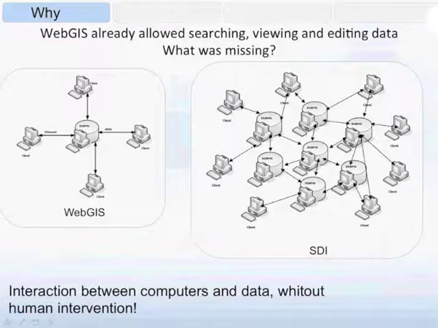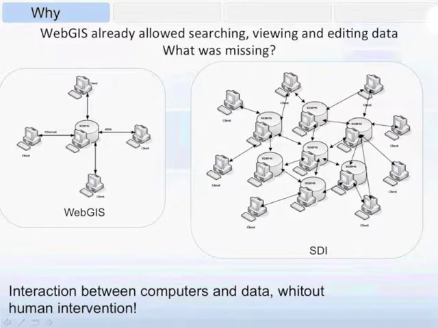So that's the main reason that drove the evolution from the initial WebGIS system to the present concept of spatial data infrastructure. One could wonder why there was need of this evolution, because WebGIS already allowed searching, viewing, and editing data.